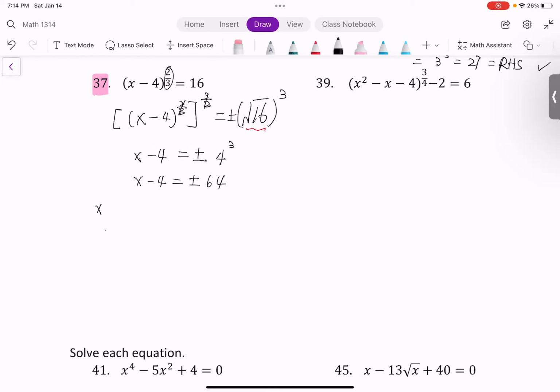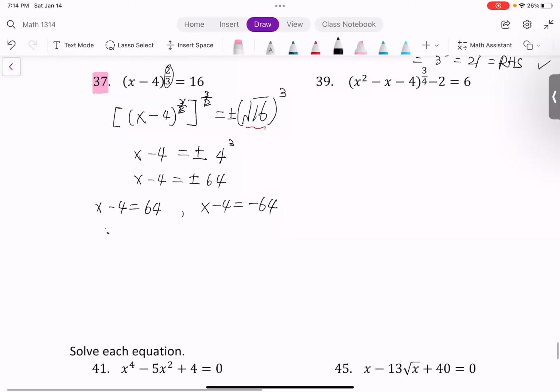One solution, x minus 4 equals 64. Another solution, x minus 4 equals negative 64. Then on both sides we add 4, x equals 68. And then another equation, both sides we add 4, x equals negative 60. So we have two solutions.